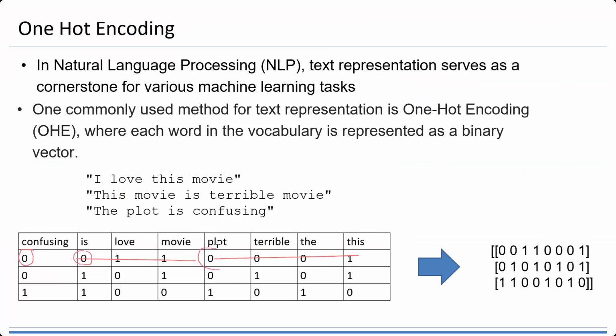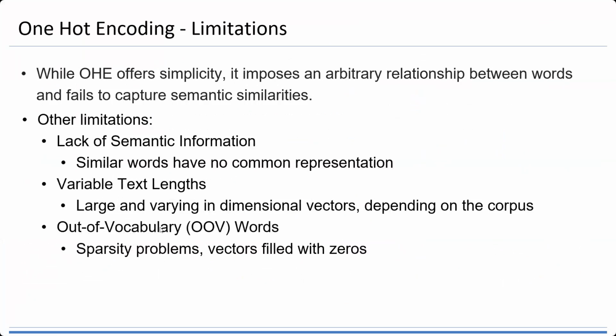Zero means there is no such word in this sentence. If this is small, it is fine. But if it is huge, if it is large, then we will have an issue. That's why we call it the sparsity problem, or vectors filled with zeros.